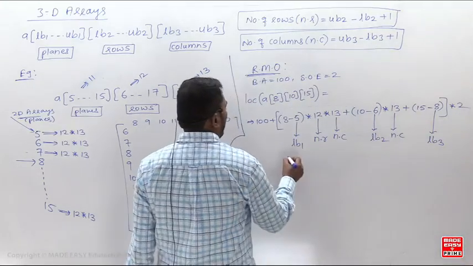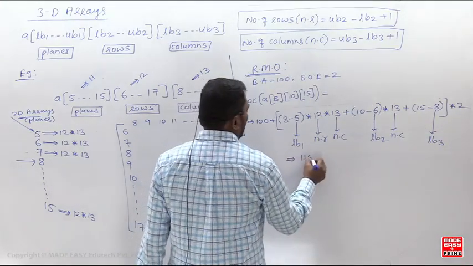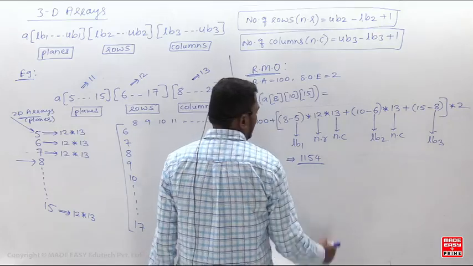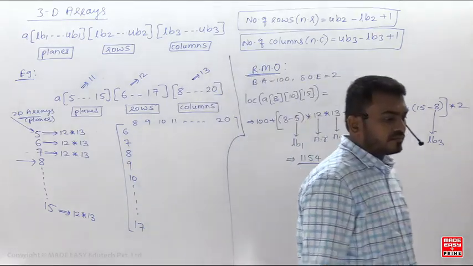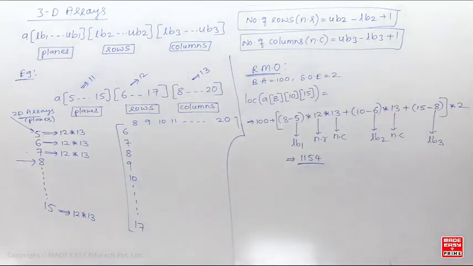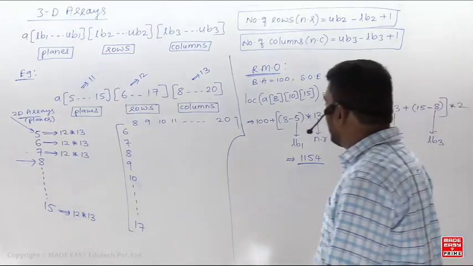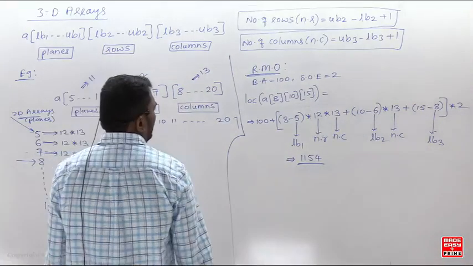Right. So how much is the value coming? So this one is 1154. Is this clear for everyone?